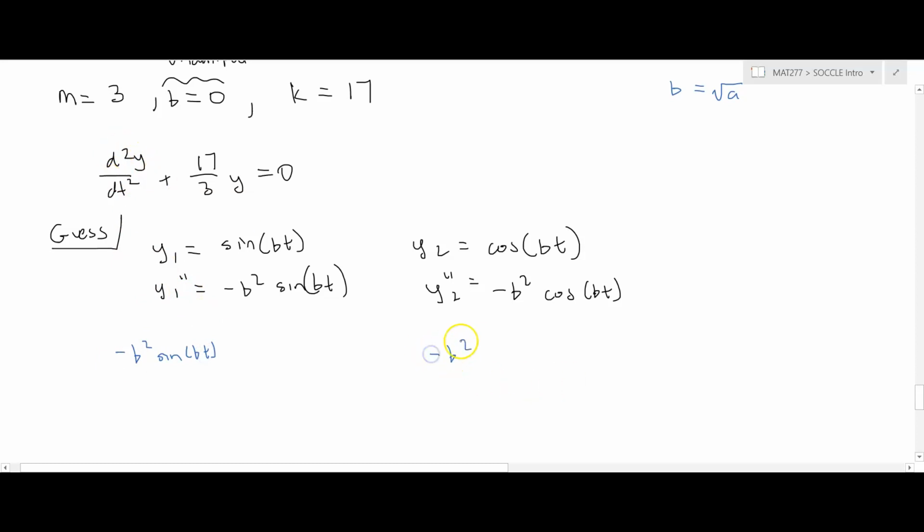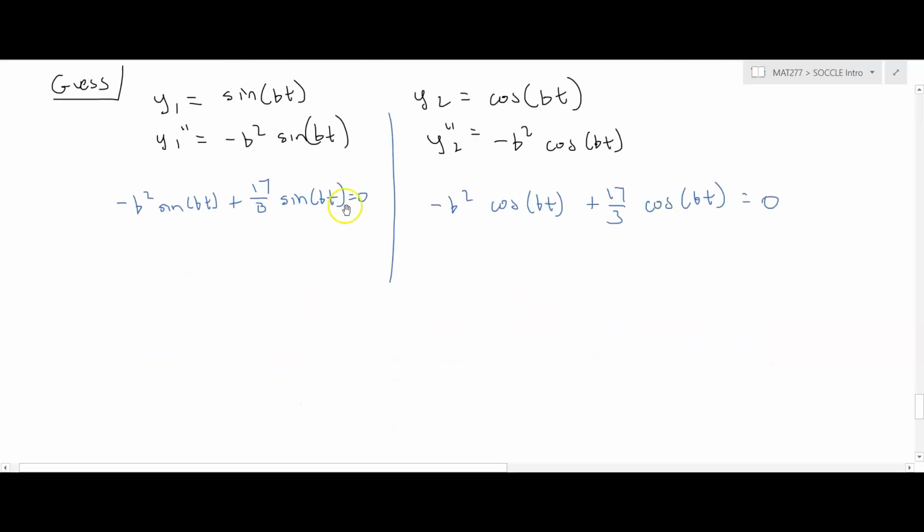So over here we'll have negative b squared cosine of bt plus 17 thirds of y, which is sine of bt. And same thing here, except plus 17 thirds y, which is cosine of bt. And we know that that has to equal 0. And same thing over here, that has to equal 0.